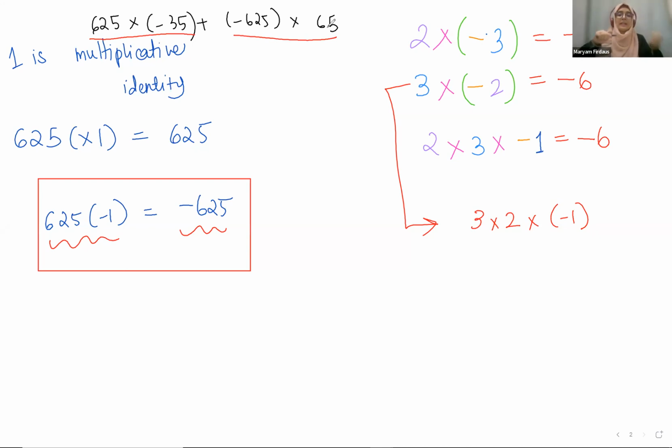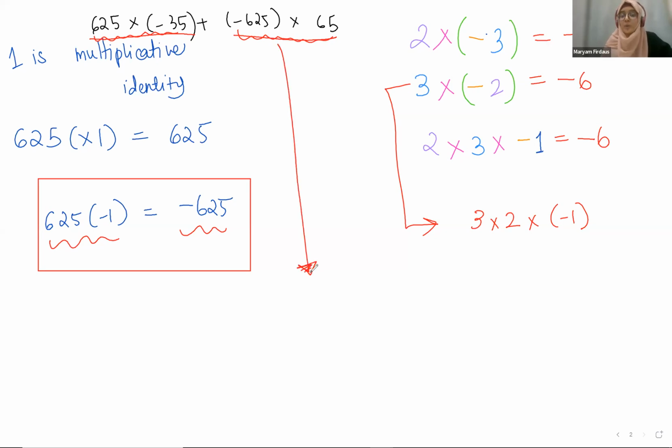Basically, if any two phrases are separated with a plus sign, they are supposed to be added with each other or subtracted, then this is one term and this is the other term. So don't get too much into that. Even if you didn't understand that, it's fine. Let's just move straight to the question.